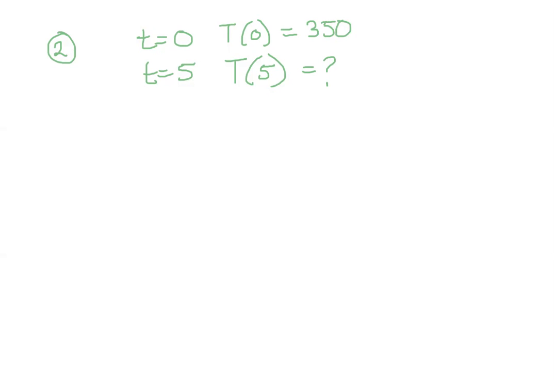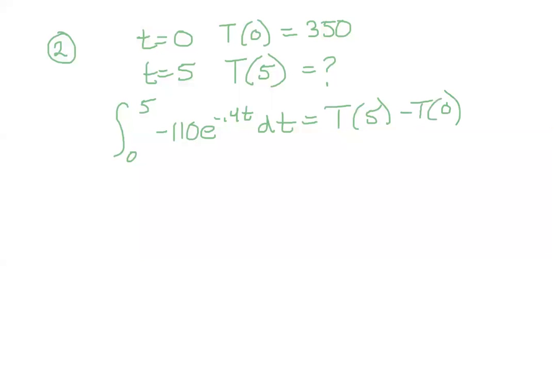To find this, we're going to take the integral from 0 to 5 of the rate at which the temperature is changing, and that's going to equal the temperature at 5 minus the temperature at 0. So we have to do this on our calculator.